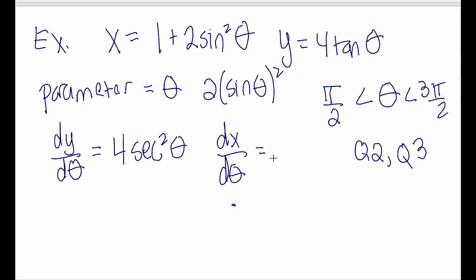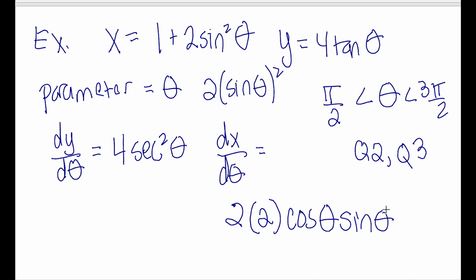Multiply by the exponent, and then times the derivative of the inside, and then times sine theta with the exponent subtracting 1, so it's just sine theta.